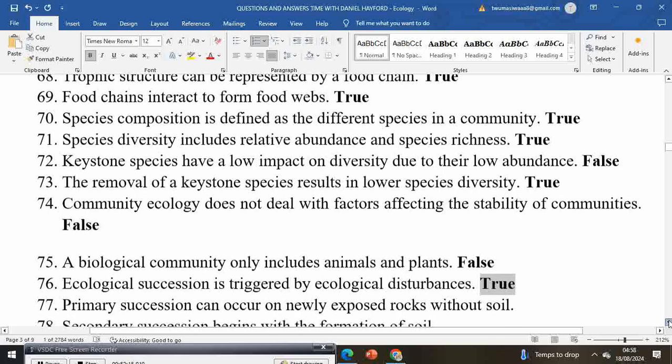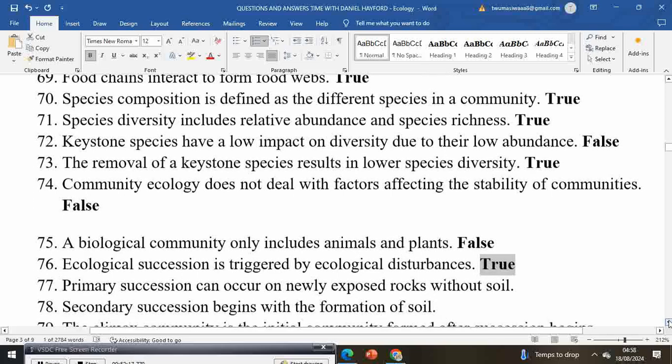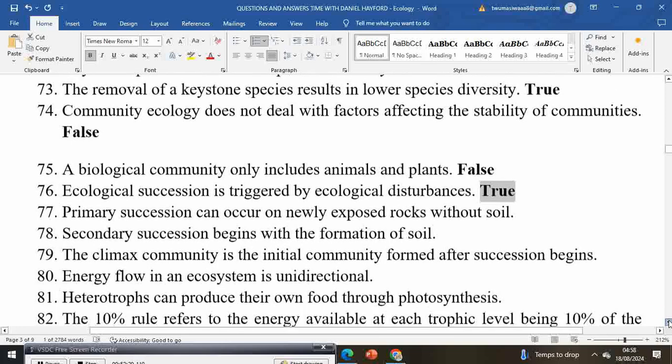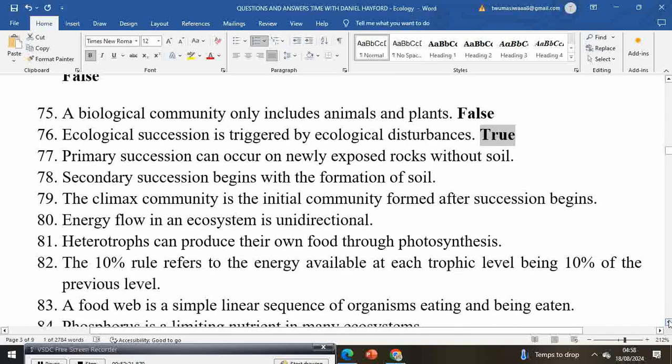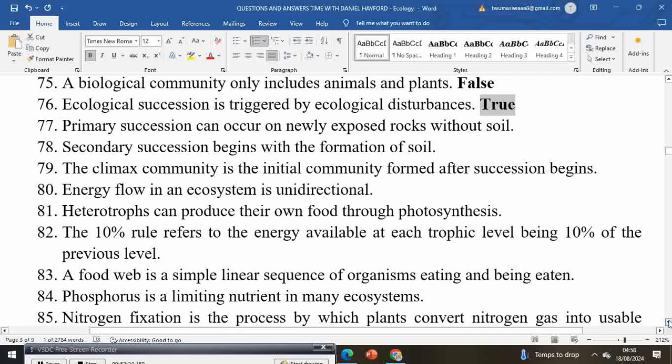Apart from, let's say, flooding, which other ones can you mention? Leave your answer as a comment.